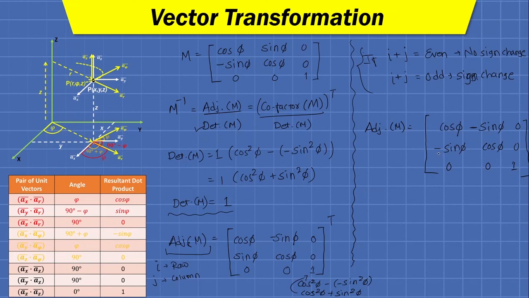This element is 2 1, so the addition of I and J is 3, which is odd, and so we will have to change the sign. So this negative sin phi will turn out to be positive sin phi. This element is 2 2, 2 plus 2 is 4, so no sign change. This is 2 3, 2 plus 3 is 5, which is odd, so the sign change will be there, but it doesn't matter if we change the sign of 0. Again here you will not have any sign change, here you will have the sign change, and here you will not have any sign change.